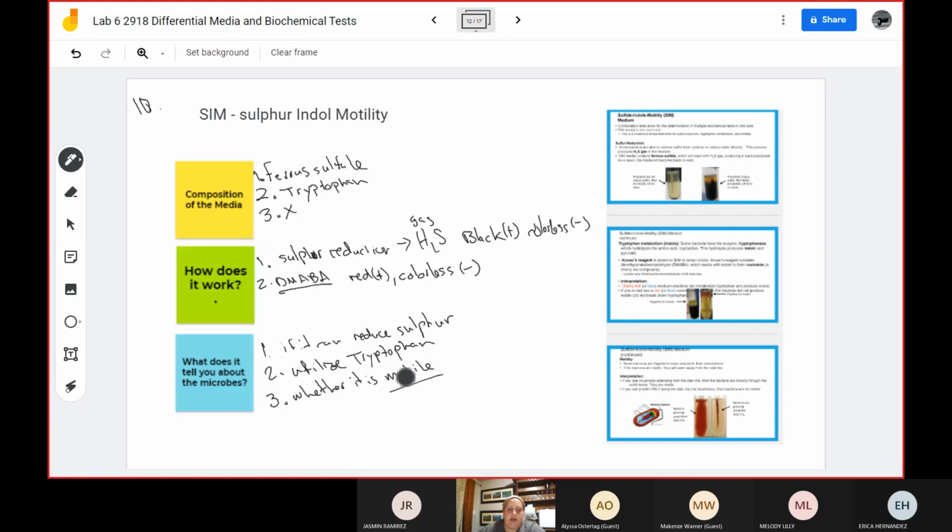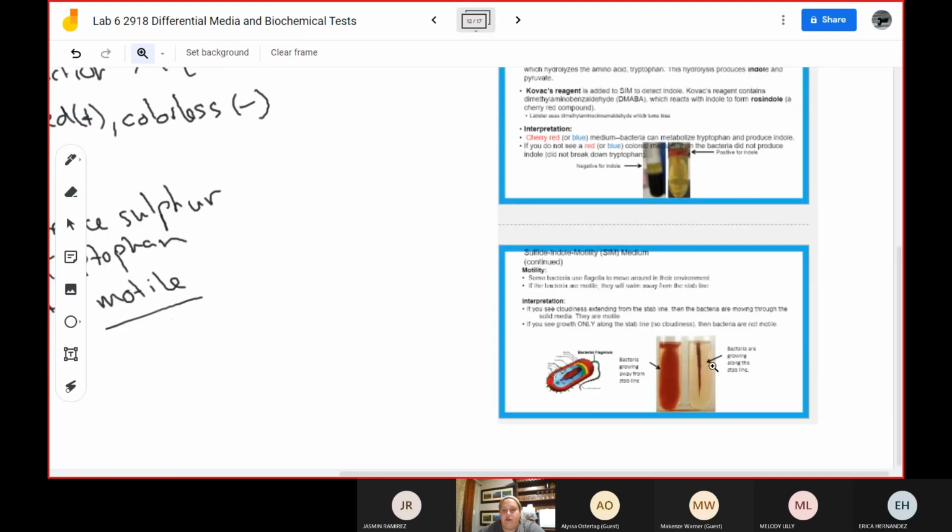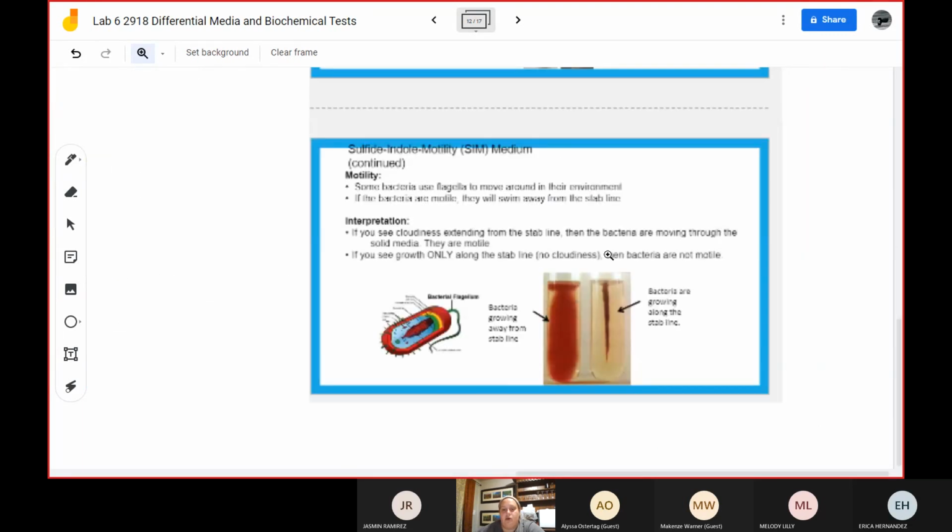As we were just learning in lab before, I believe, motility is through those flagella that are present on our bacteria. This is why the tube format is helpful: you can pour these tubes directly and you basically stab a needle that is inoculated with your bacteria into the media.